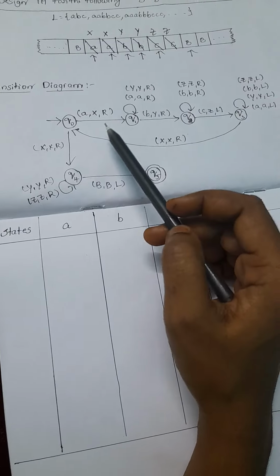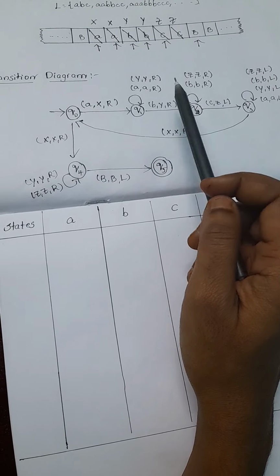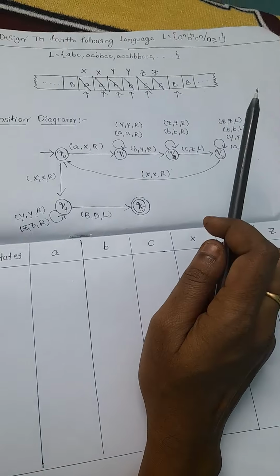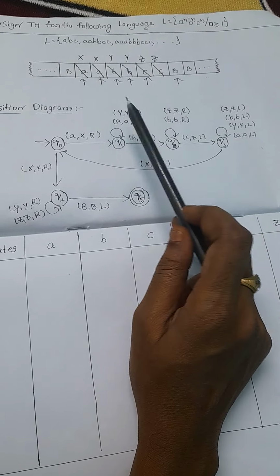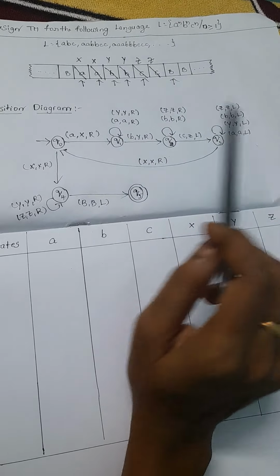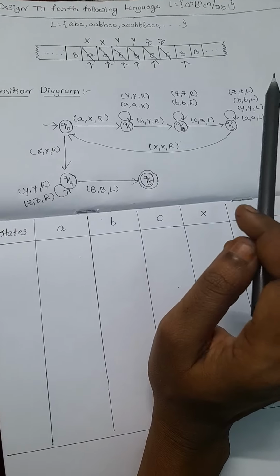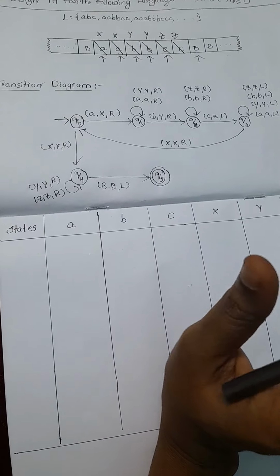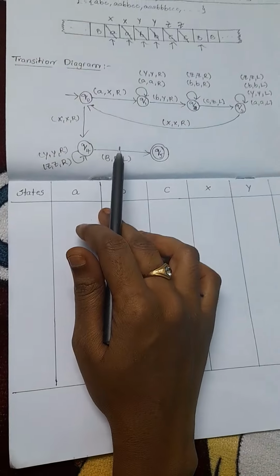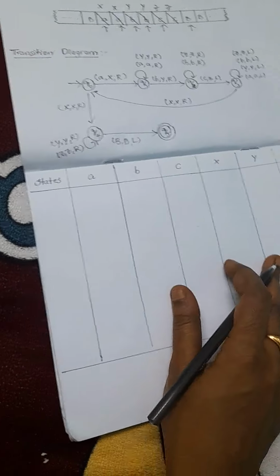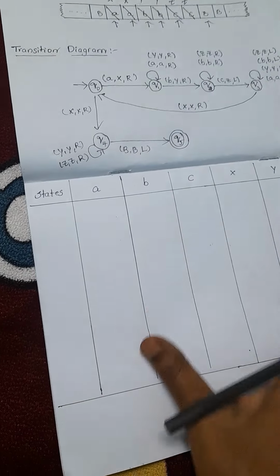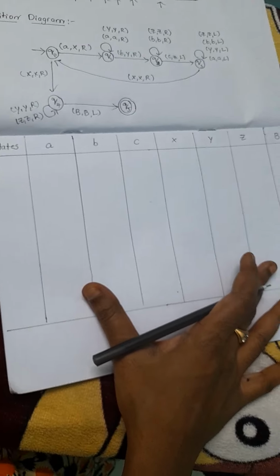If they have given 0 1 2, then instead of ABC you will take 0 1 2. If they have given 1 2 3, instead of ABC you will take 1 2 3. So nothing will change, same concept, same transitions, same states. Okay, so from this transition diagram we need to write the states and the transition function table.